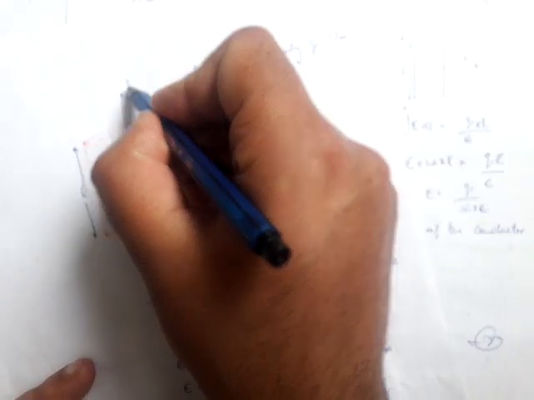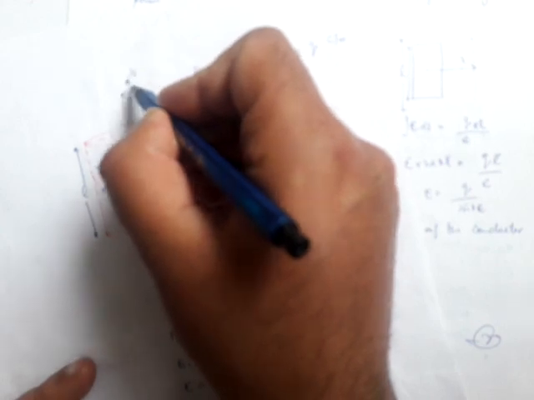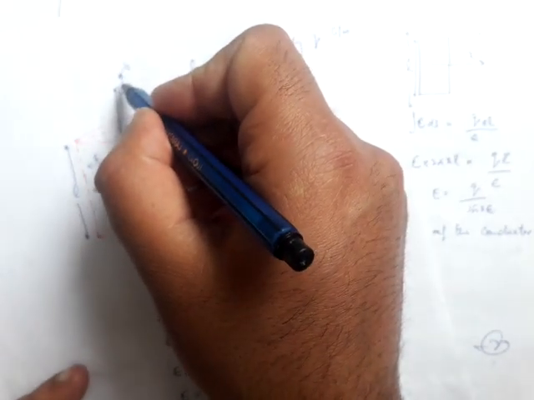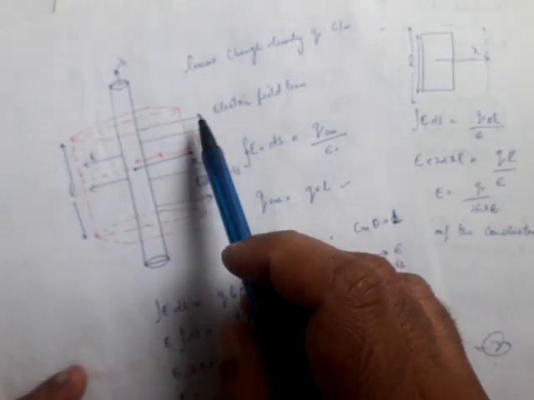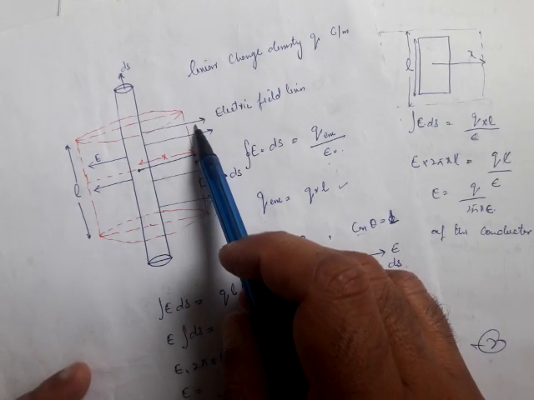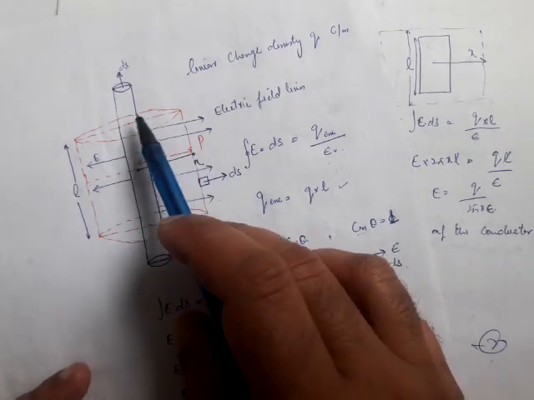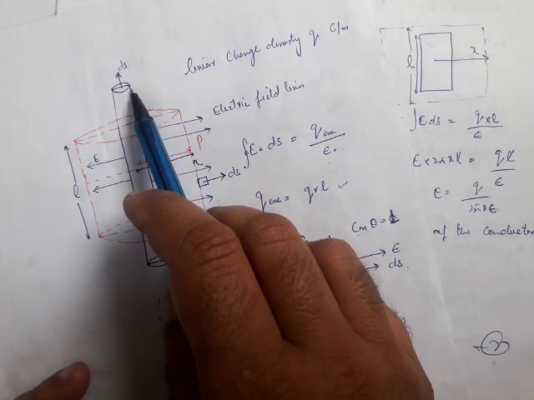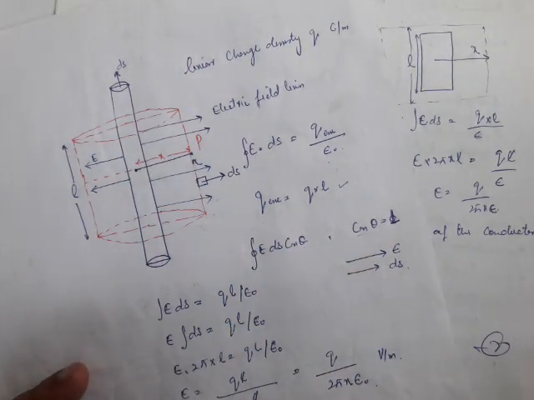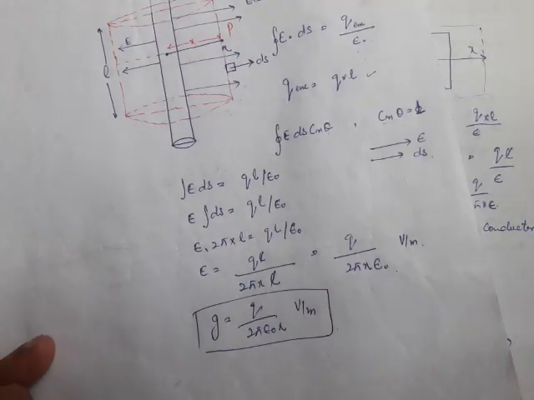Since the area vector for the end surfaces is perpendicular to the electric field, cos theta for these two surfaces will be 0. So we are neglecting them.